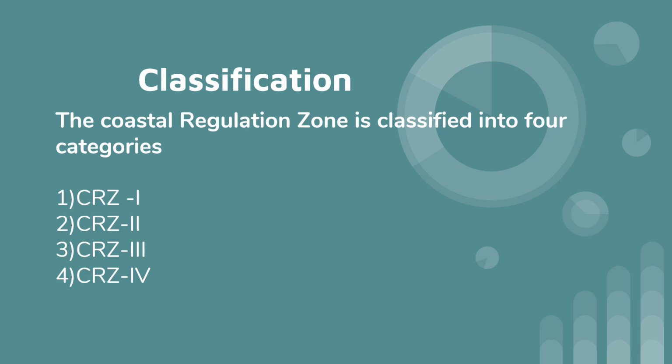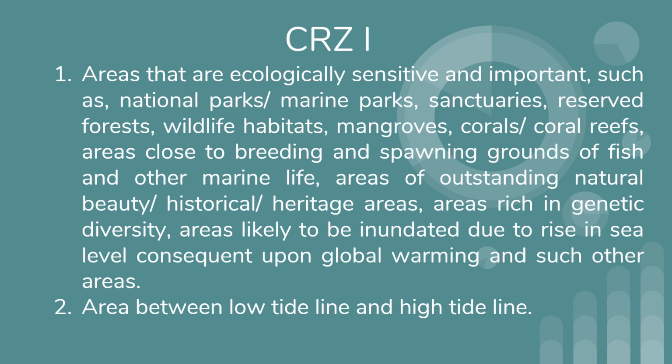So we have 4 classifications: CRZ 1, that is coastal regulation zone 1, CRZ 2, CRZ 3 and CRZ 4. So having known these classifications, let us know what each CRZ zone refers to, or what are the areas which fall under CRZ 1, 2, 3 and 4.